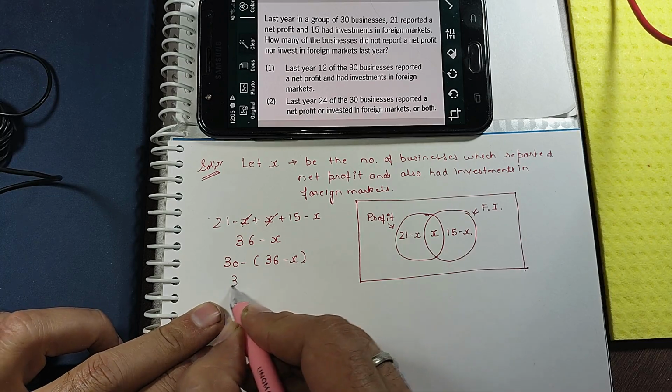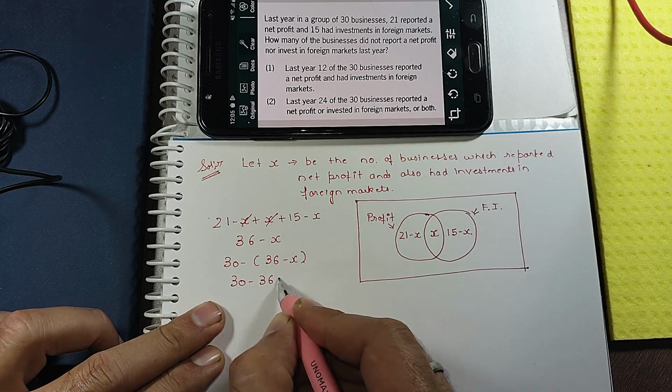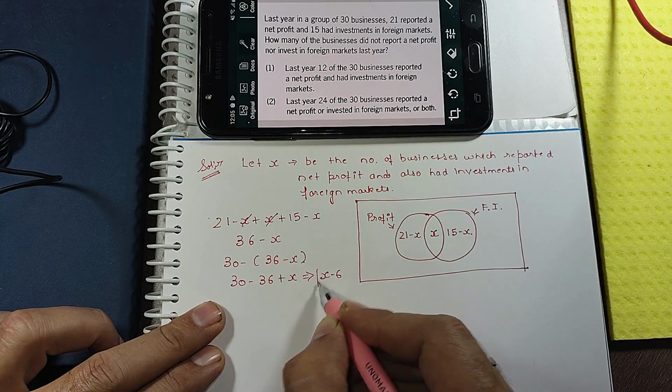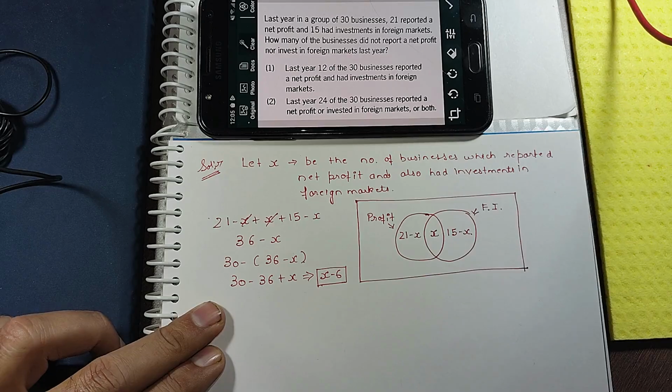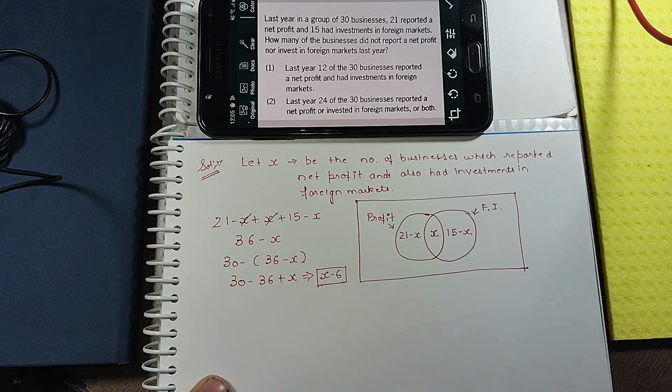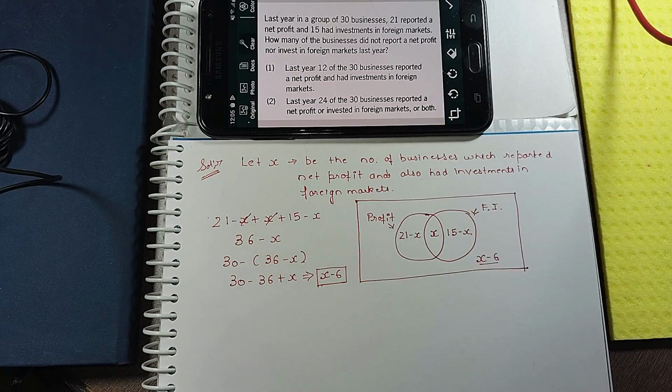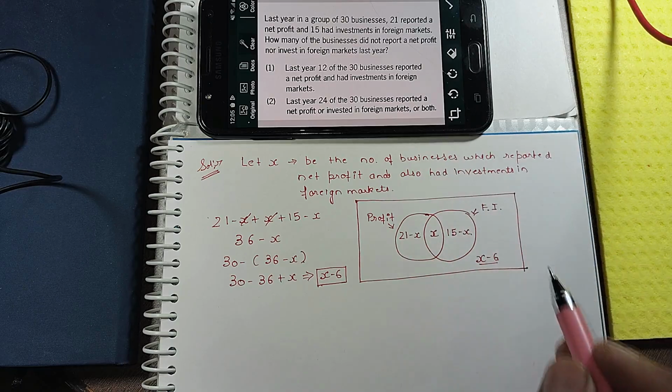Opening the brackets, 30 minus 36 plus X, so this is equal to X minus 6. So X minus 6 will be the number that had no net profit and no foreign investment. This region is represented by X minus 6.